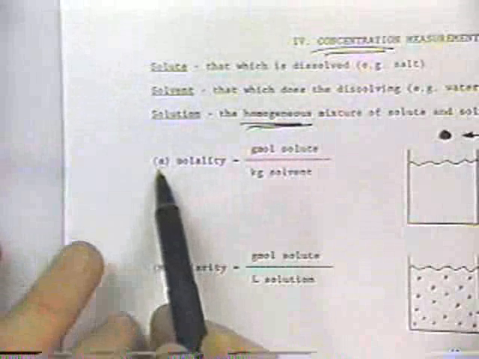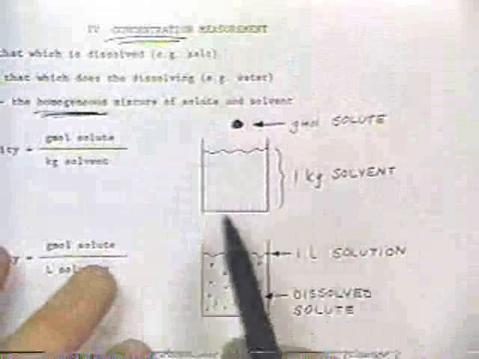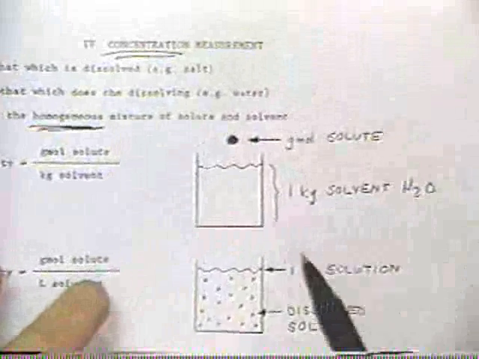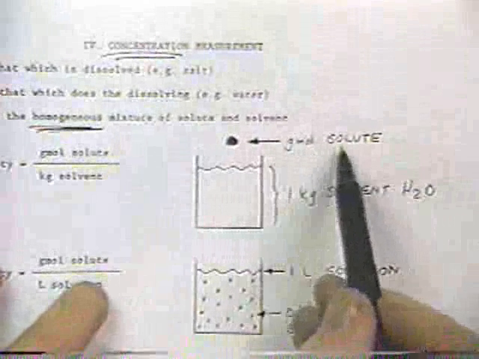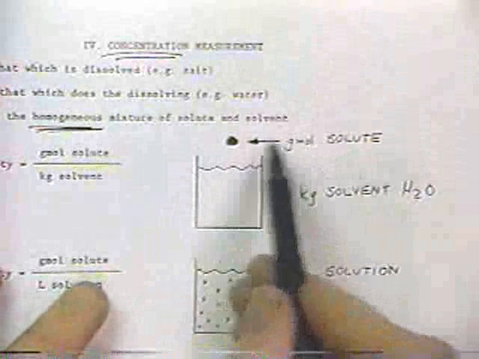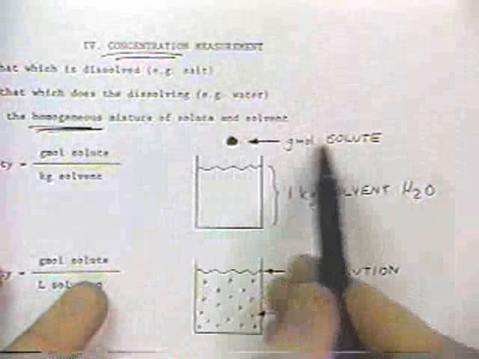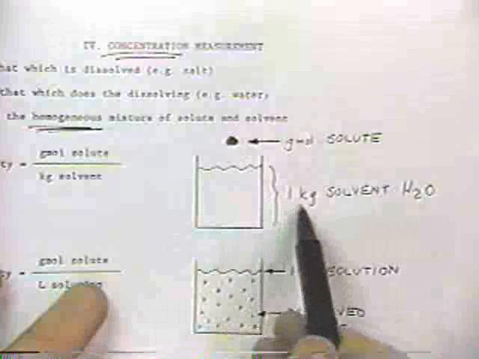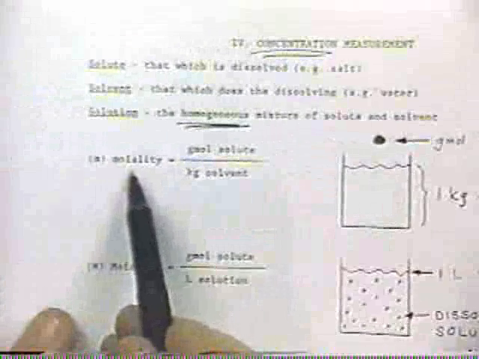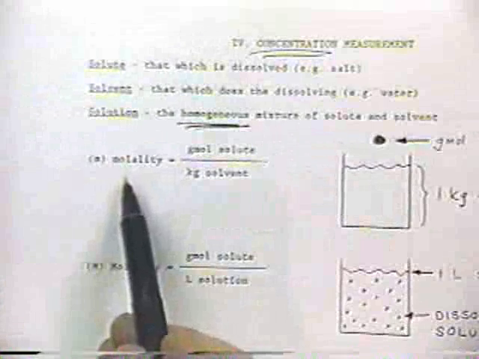It's abbreviated little m, and the picture you should have in mind is here is 1 kilogram of solvent, for example, water, and here we have our solute, the salt. I have 1 gram mole of that, so when I dissolve 1 gram mole of salt into 1 kilogram of solvent, water, then I have, by definition, a 1 molal solution.